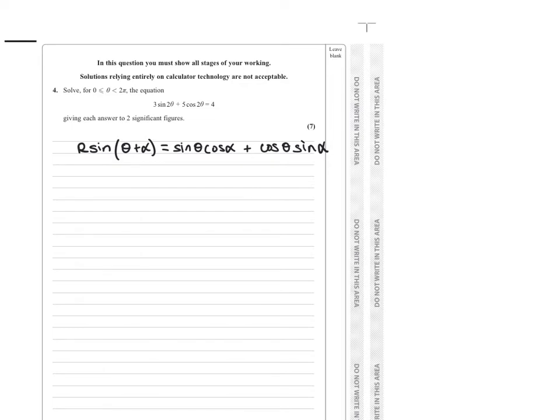So what do we know? First of all, we know that our theta is in fact 2 theta. Okay, so I know I've used theta here, but in the question we have 2 theta, so this needs to become a 2 theta. So I'm going to change that now. So we've written the formula and then we adjust it to make it fit our question.